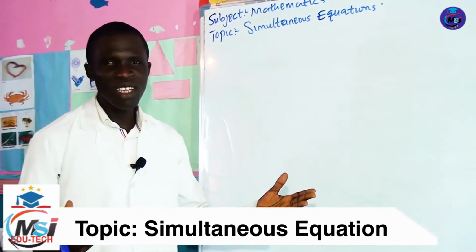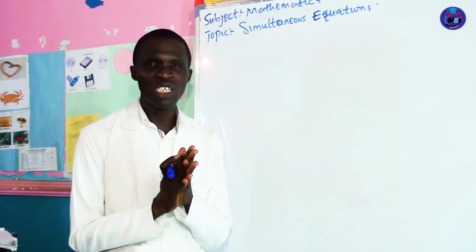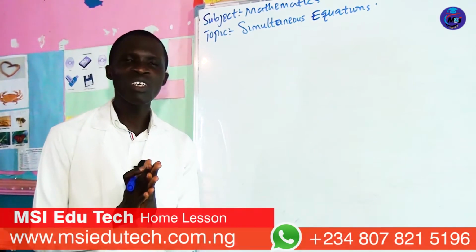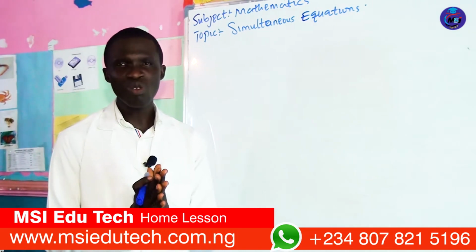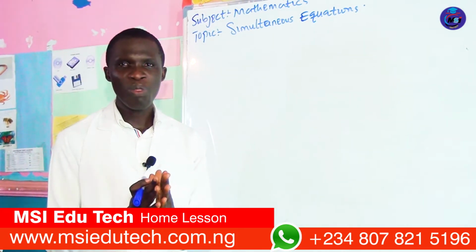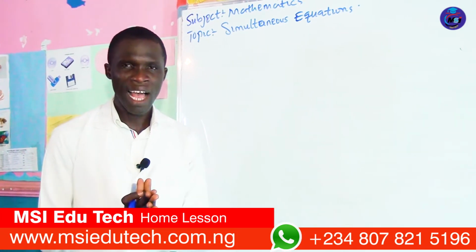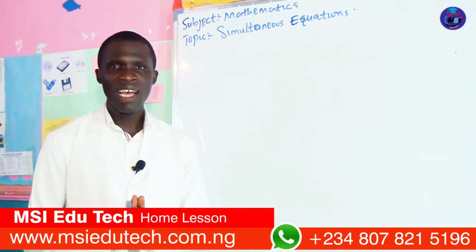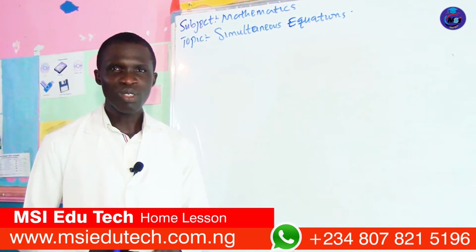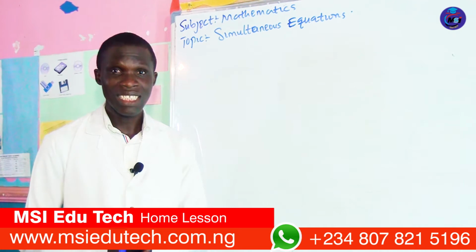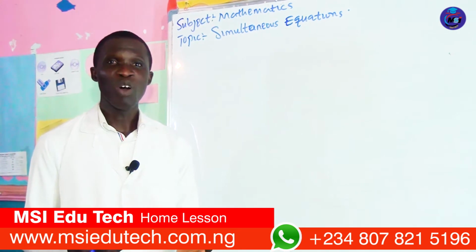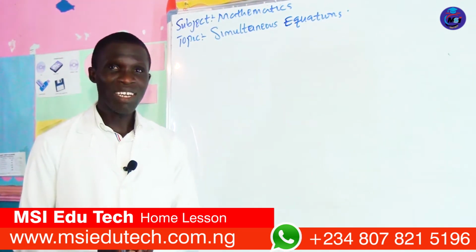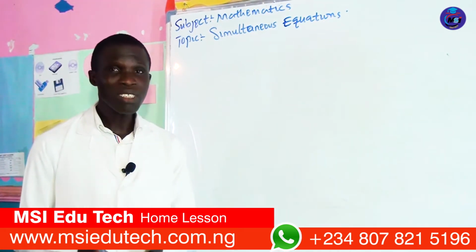What is simultaneous? From the English word, when you hear the word simultaneous, that means you can do 2 or 3 things at the same time. Let's say, for instance, I ask you to sing and dance at the same time, or blow a whistle and also sneeze at the same time.